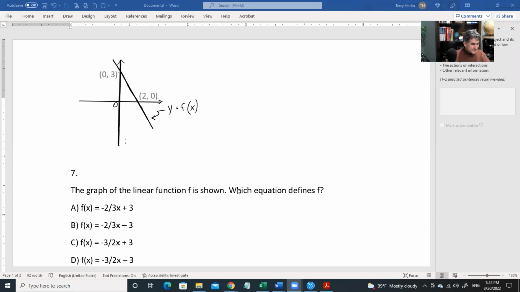Okay, we finally have a question here with a graph. Fantastic. So where do we start? That's right. Which equation defines f? And we look at our answer choices, and what do they all have in common?